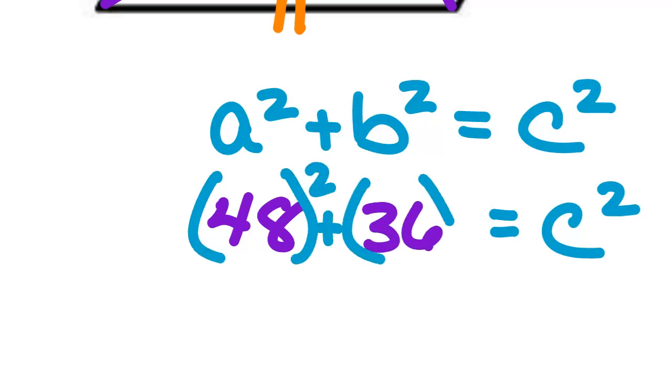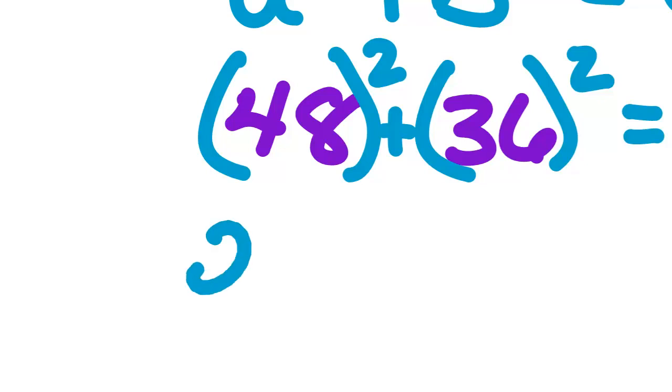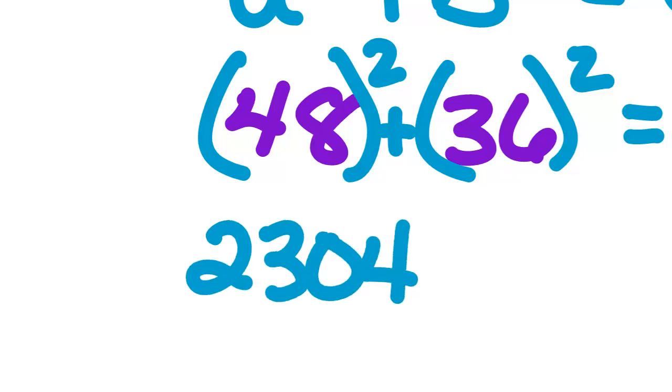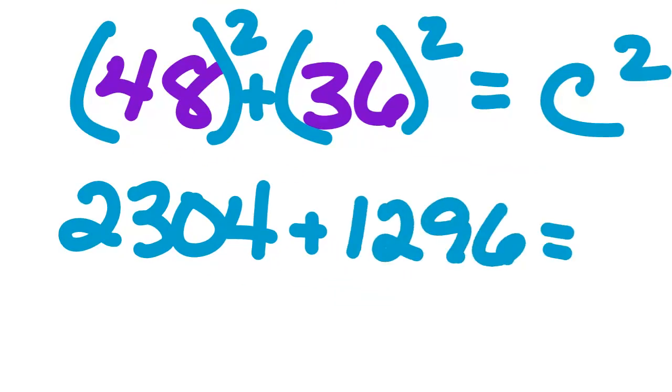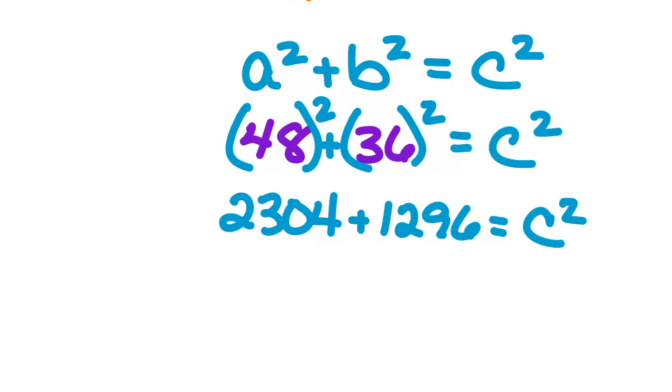So we have 48 squared plus 36 squared. What is 48 squared? 2,304. What about 36 squared? And then we add those two together and we get what? 3,600.